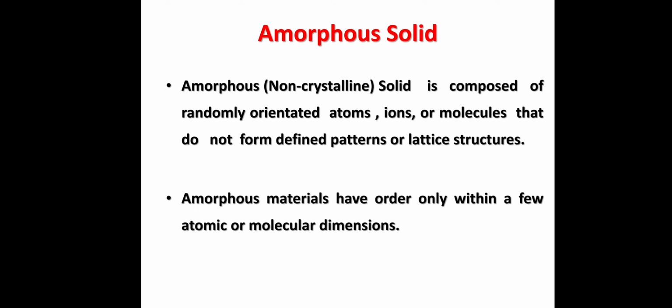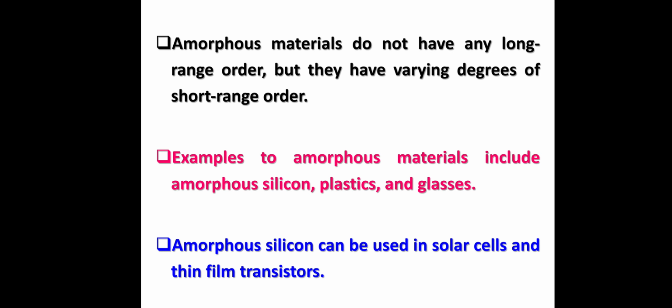Usually an amorphous solid is not extended for larger dimensions. It is a very limited range of atomic and molecular dimensions. So they do not have long range order, but they have varying degrees of short range order.